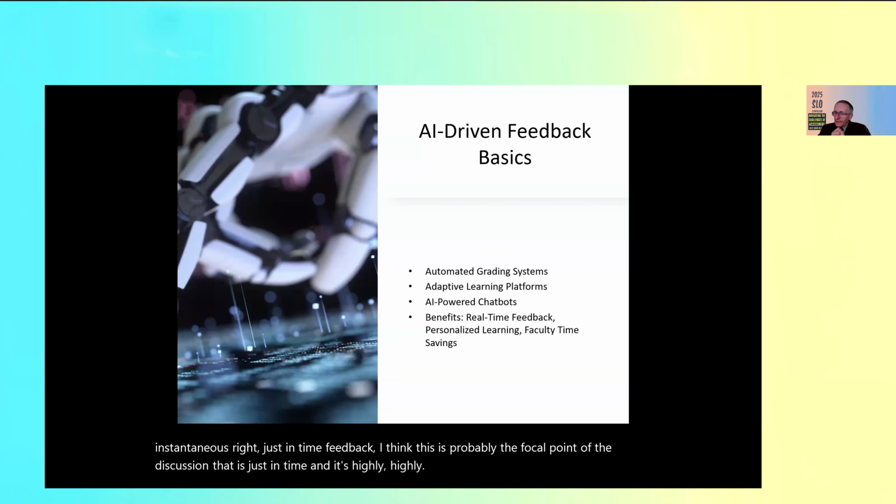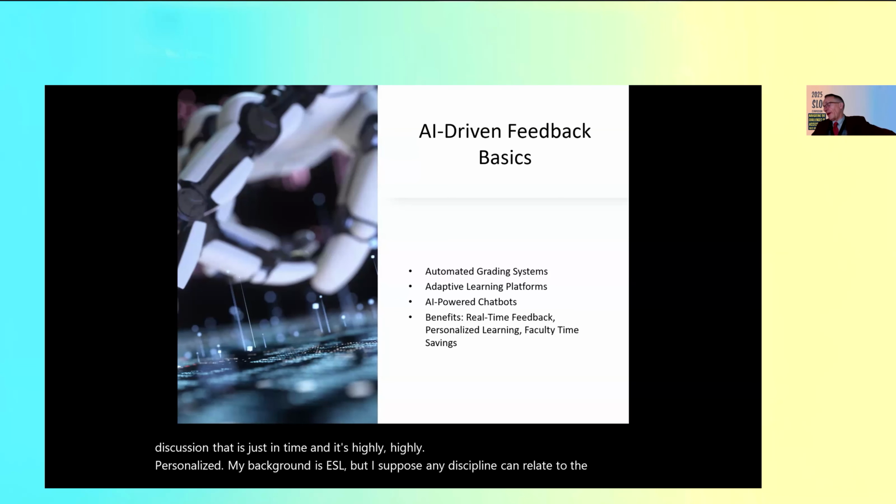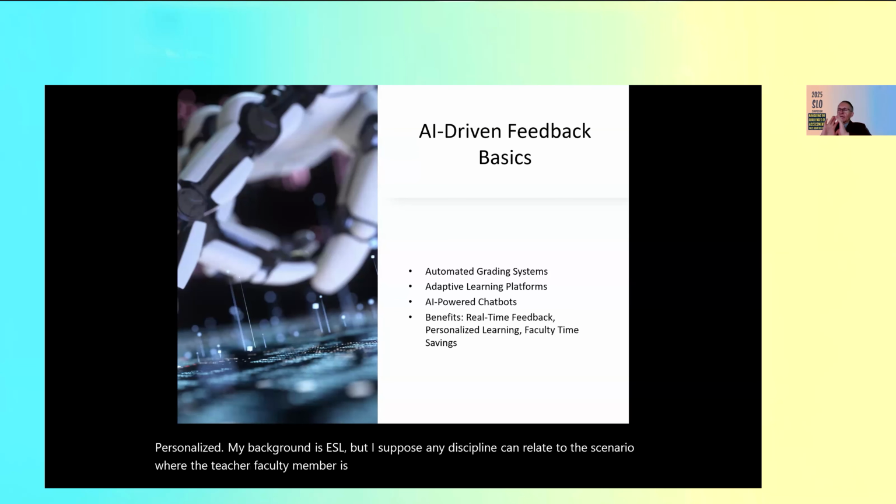My background is ESL, but I suppose any discipline can relate to the scenario where the teacher, faculty member, is standing in the middle of the classroom talking about or delivering the content. I think that's the term that we like to use. This is what faculty do. We deliver content, right? And then let's say there are 30, 50, I don't know how many students.